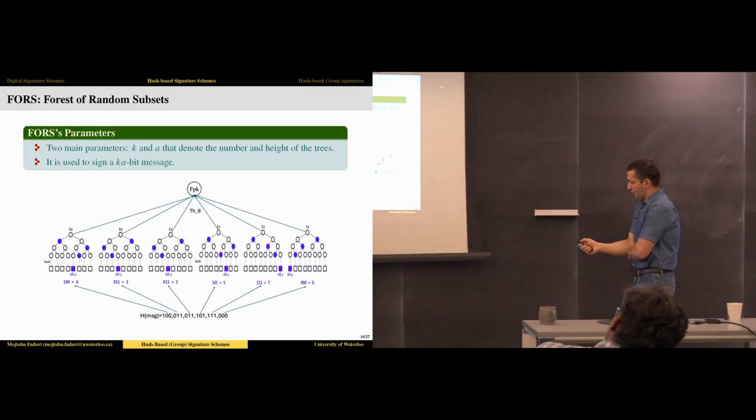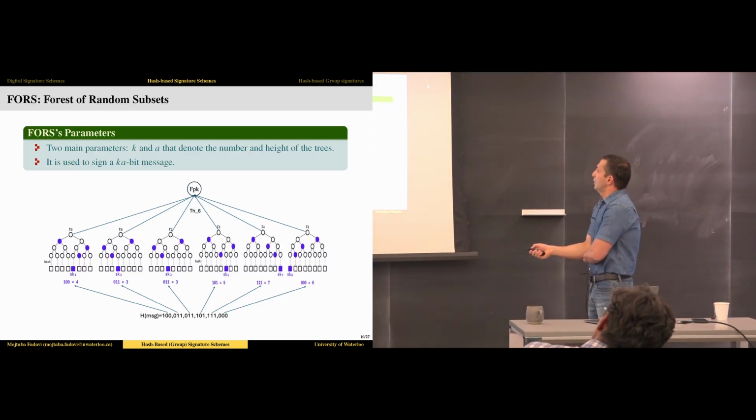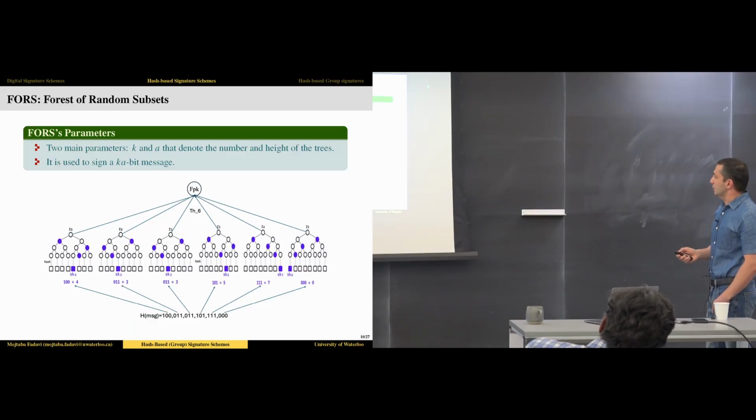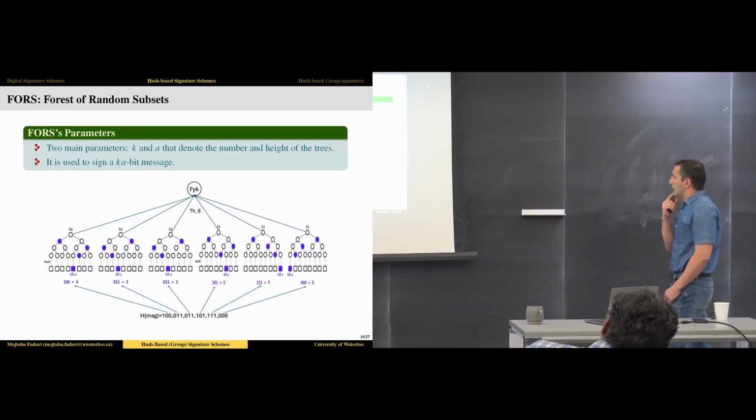To verify this signature, you can easily compute the public key corresponding to the secret keys, compute the root of this Merkle tree, do the same for the other ones, and use the tweakable hash function to compute the FORS public key. You can compare it with the published one, and check whether the signature is valid or not.